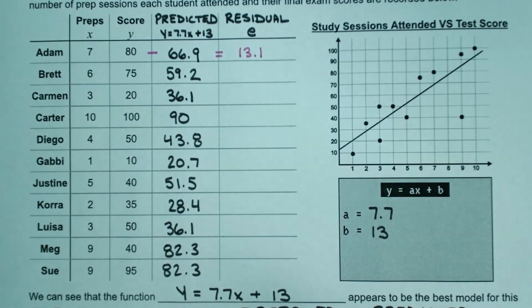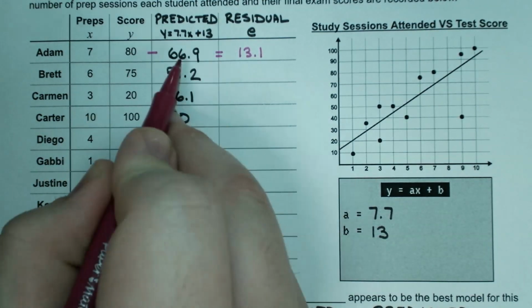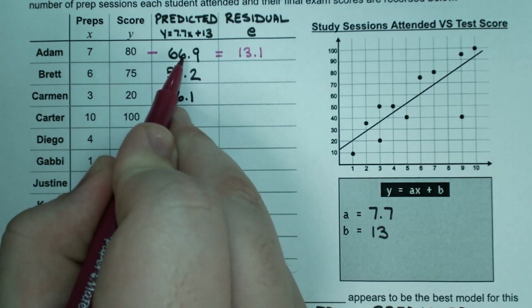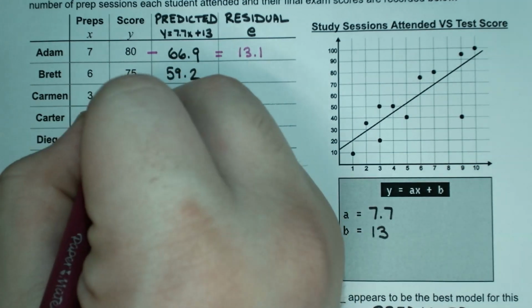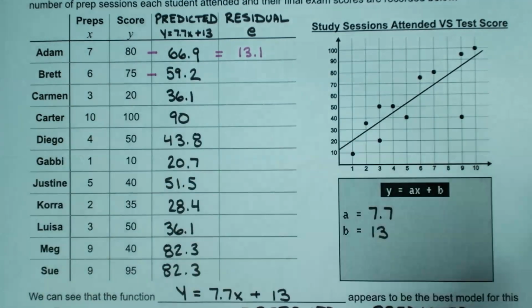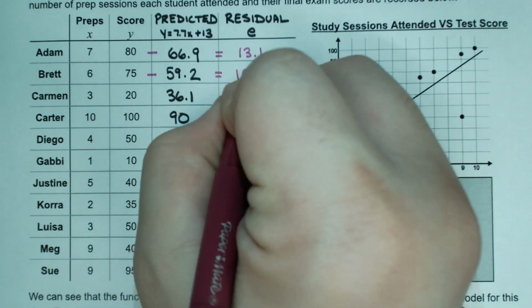What that means is Adam, who scored an 80, scored 13.1 points higher than what would have been predicted by this model. The next person, Brett, who made a 75, 75 minus 59.2 is 15.8.